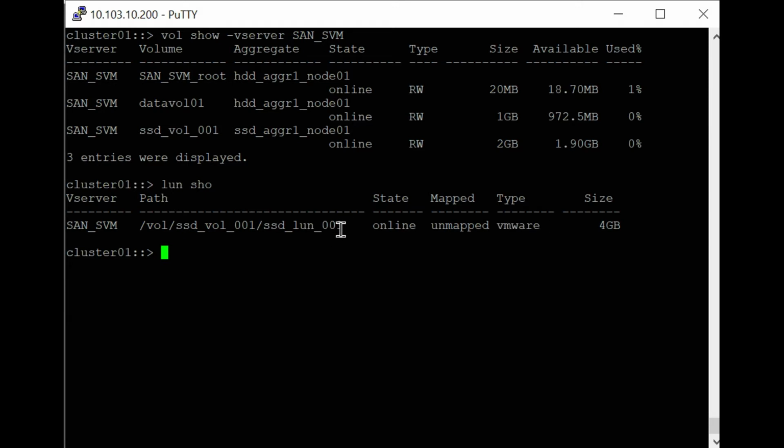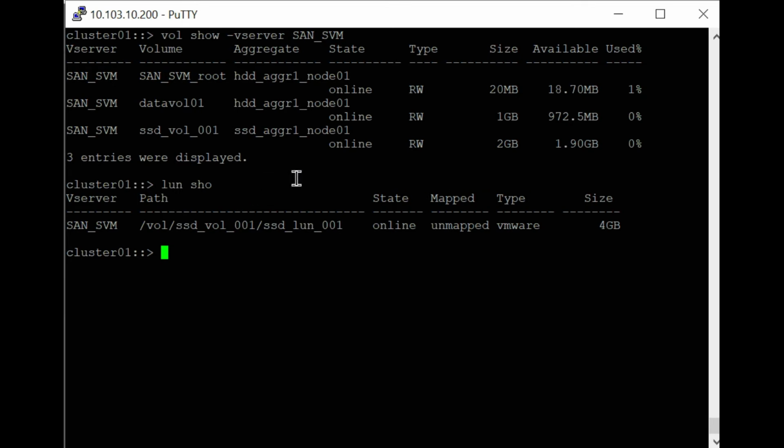Great, and this LUN is contained in this volume. So in NetApp, we first create a volume. We could use this volume directly with NFS or CIFS maybe. And if we need to create a LUN, then we create a LUN inside of a volume.